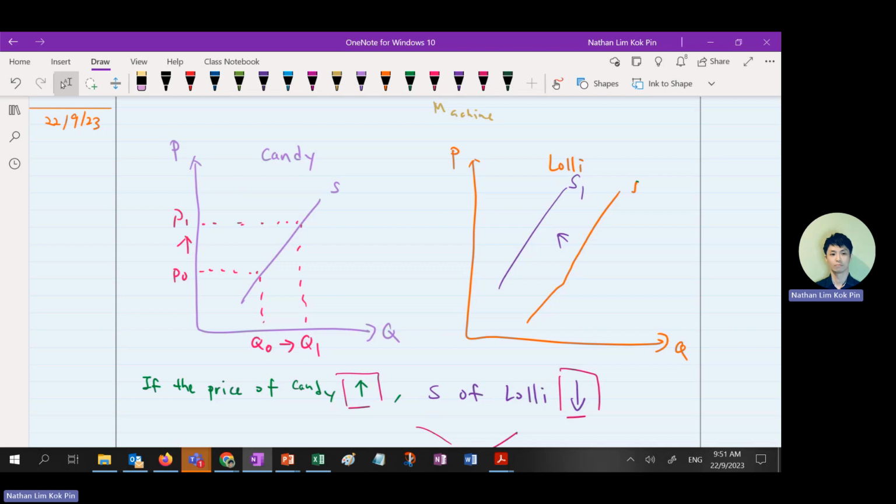Come to me again, I will explain slowly. Done? Can I continue? Because now it's very fast already. Now you already know how to draw all this stuff. Faster than demand already.